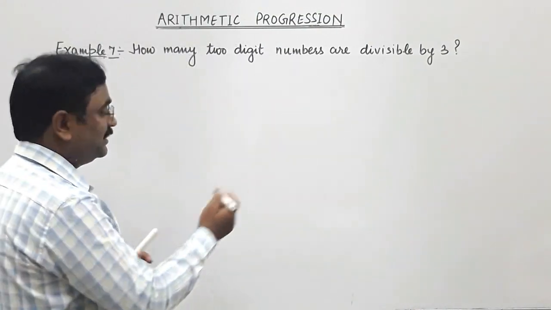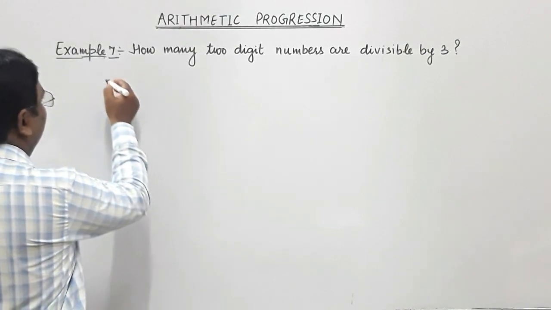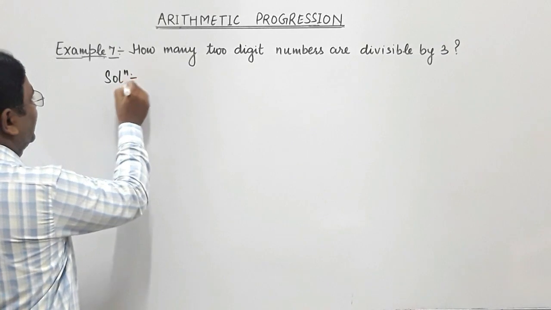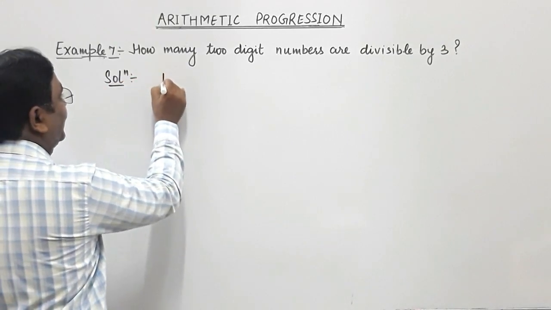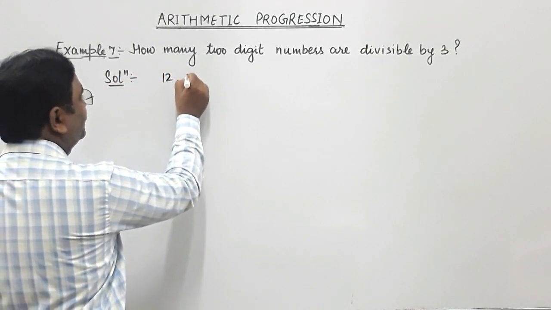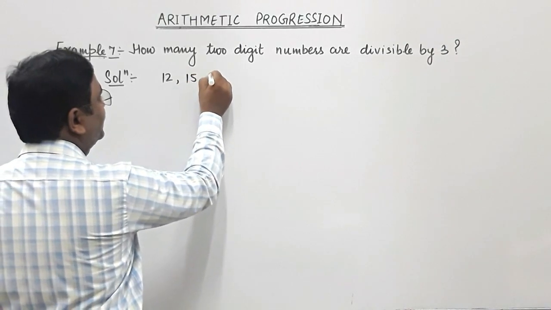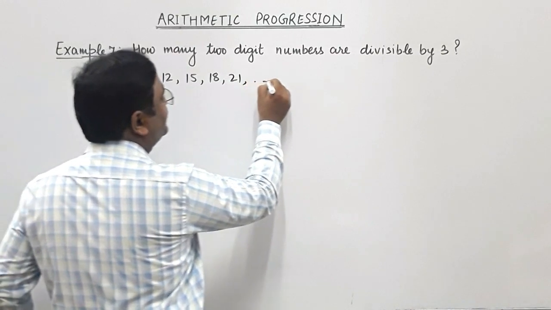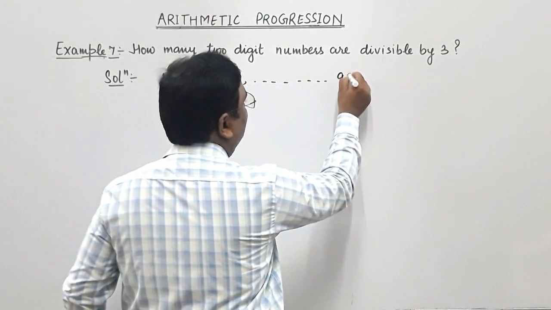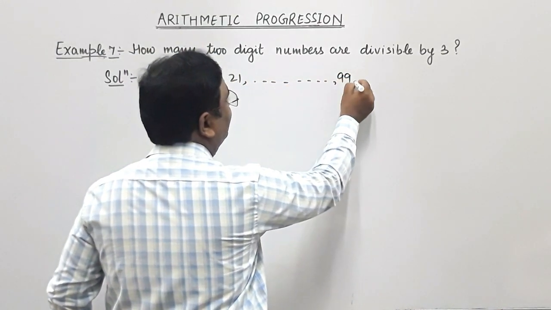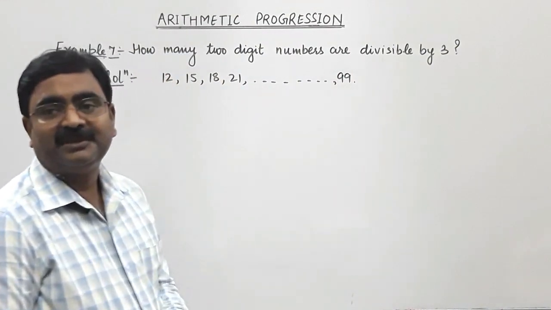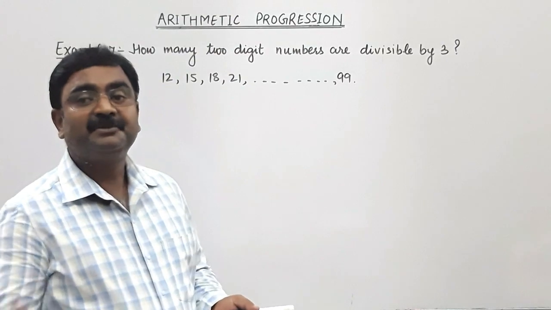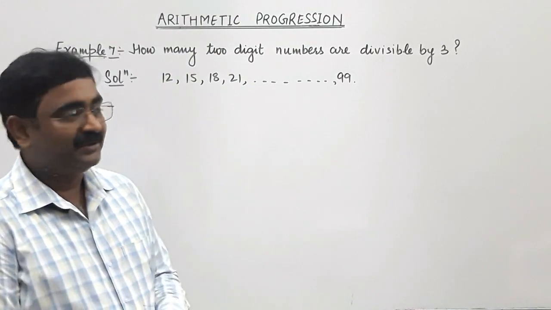It means our AP, हमारा arithmetic progression आया क्या? 12 plus 3 is 15, plus 3 is 18, plus 3 is 21, etc., up to 99, which is the last two-digit number, because after 99, 100 starts. So 100 is a three-digit number. It is not a two-digit number.